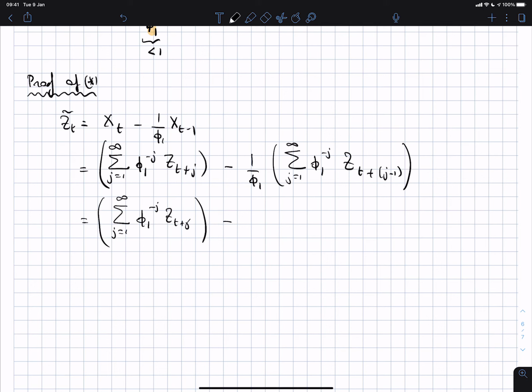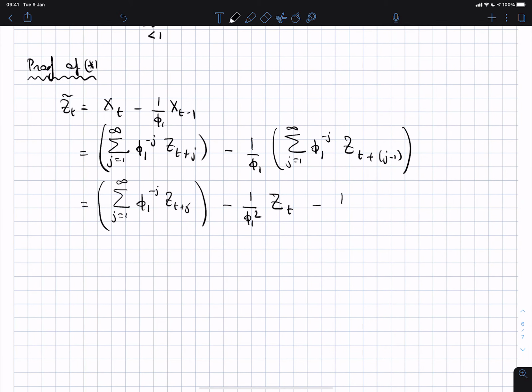This will give me what? Well, when j is equal to 1, I have Zt. So I have 1 over phi 1 squared Zt. And then I will have minus 1 over phi 1. I'll take one more, like this. And I sum for j going from 2 to infinity, phi 1 minus j minus 1. I think this is correct.